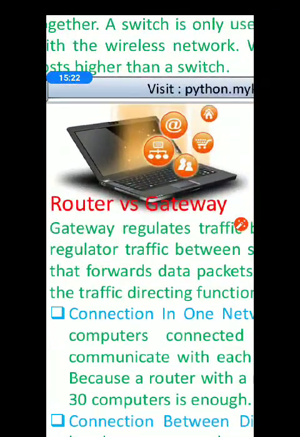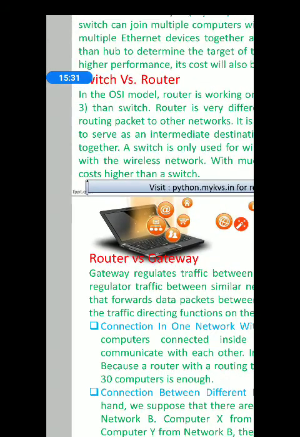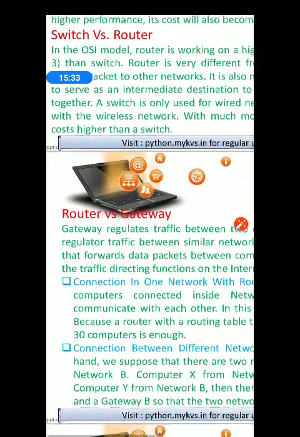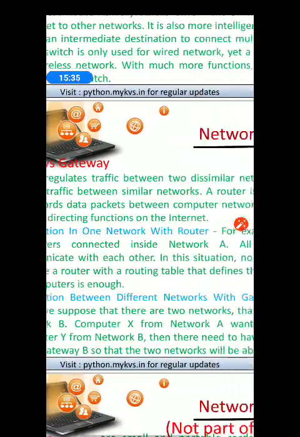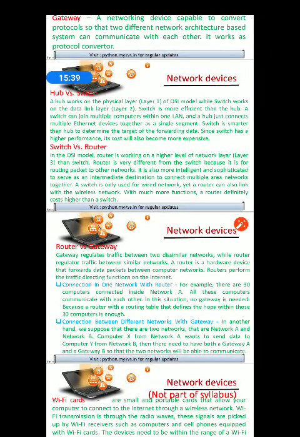One more difference is there, router versus gateway. Please note down the difference between router and gateway. A gateway regulates the traffic between two dissimilar networks, whereas a router regulates traffic between similar networks.